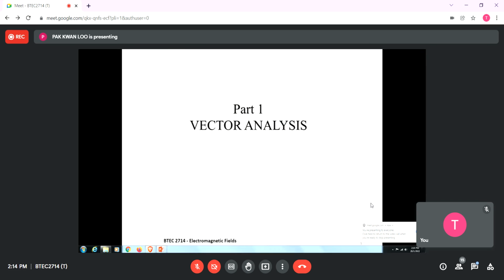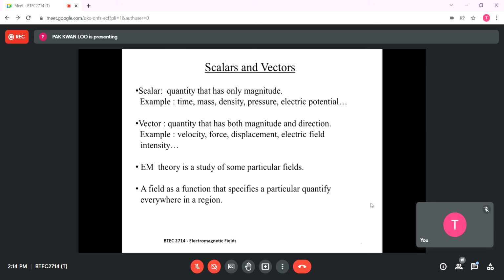So we will start with vector, scalar, and vectors. Scalar means you have a quantity that is a measurement of magnitude. A scalar is a quantity with only magnitude and no direction.